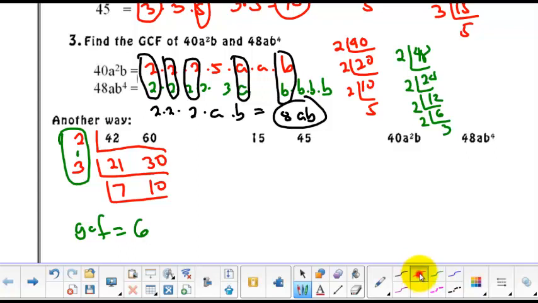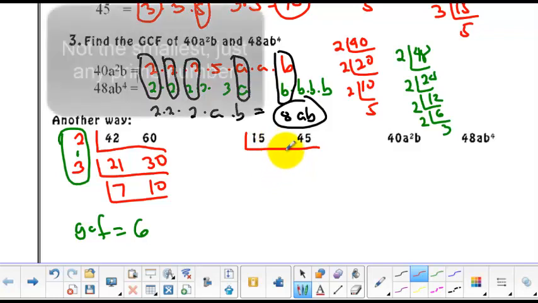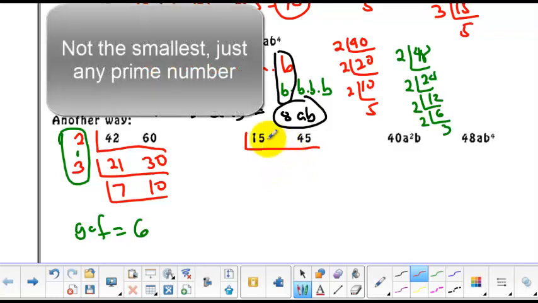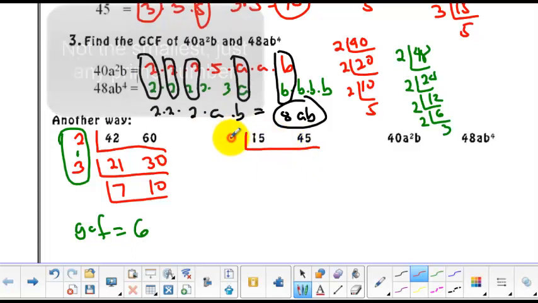Okay, let's use the same method, getting the GCF of 15 and 45. Again, think of the smallest prime number that can divide 15 and 45. 3 will work. I have here 5. 45 divided by 3 will give us 15.